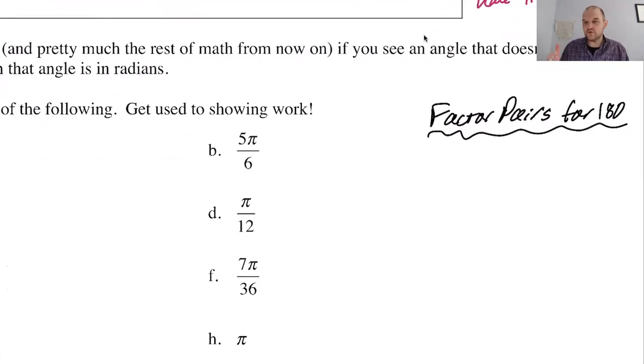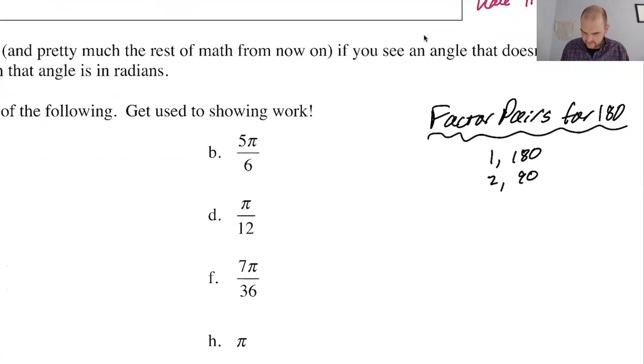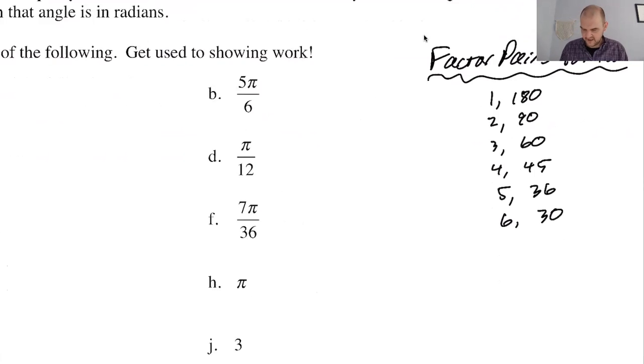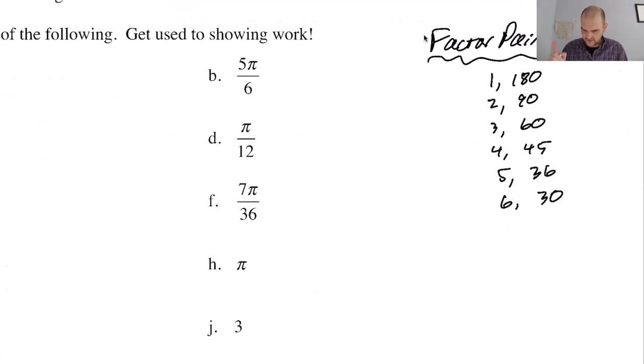To get the ball rolling, let's do the useless one: 1 and 180. It's not useful, but whatever. 2 and 90. 3 and 60. 4 and 45. 5 and 36. 6 and 30. It's crazy how many factors there are. 7 does not work.